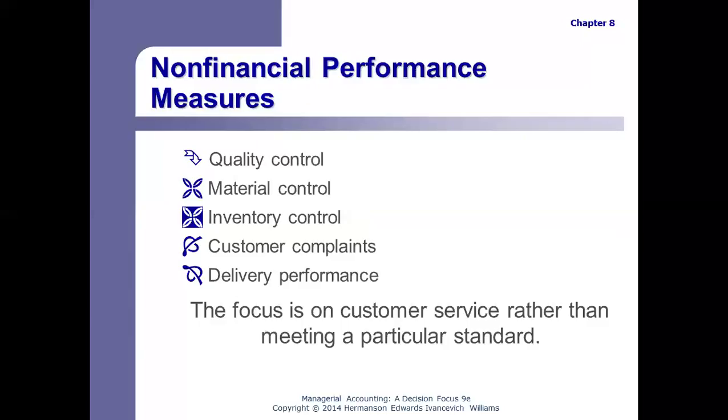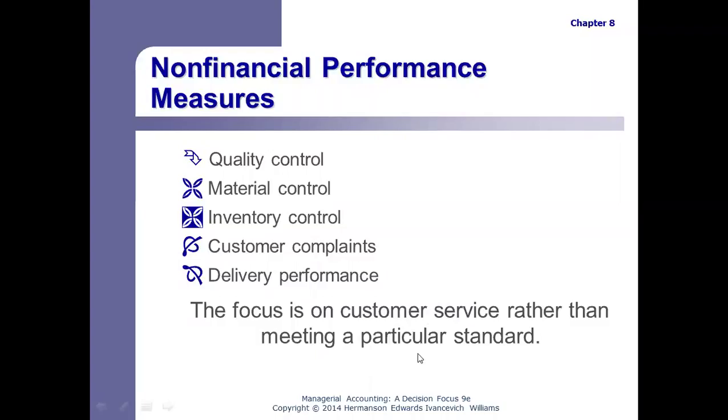And again, don't forget that in addition to those financial variances that we saw, there are other non-financial performance measures that we need to consider. So sometimes it's more important to focus on customer service instead of just focusing only on trying to meet standards.